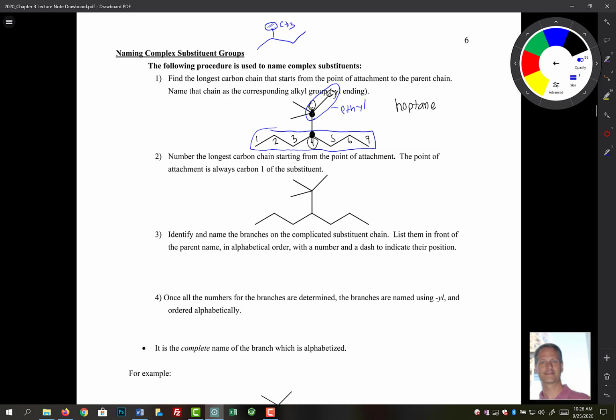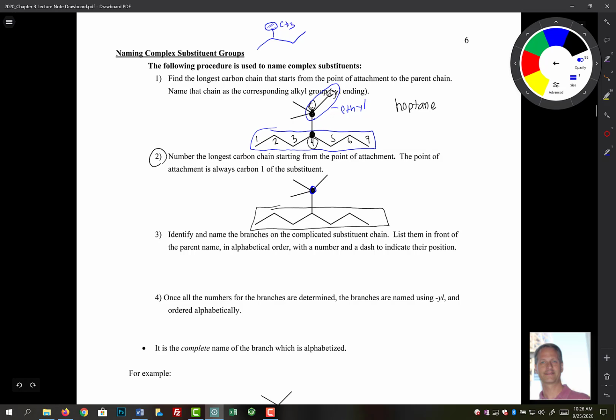It's not just an ethyl, though, because an ethyl would be a CH2CH3. So we're not done. Let's look down below. Step 2: we want to number the longest carbon chain starting from the point of attachment. So we're starting right here at our point of attachment. Remember, this is our parent, and that's our first point of attachment there.